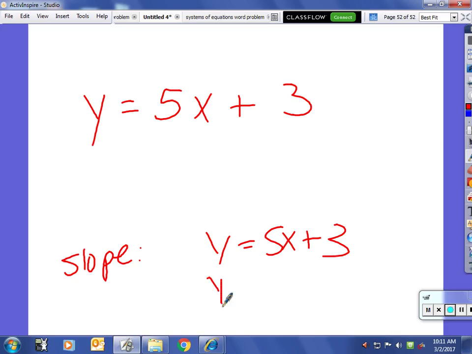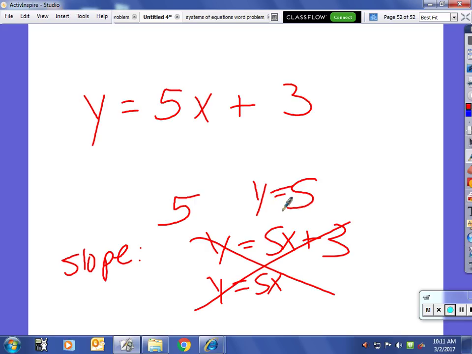If you put y equals 5x, that's even worse. What I wanted to see was 5. The slope is 5. If you put y equals 5, that's even worse. You could put m equals 5. You could put slope equals 5.